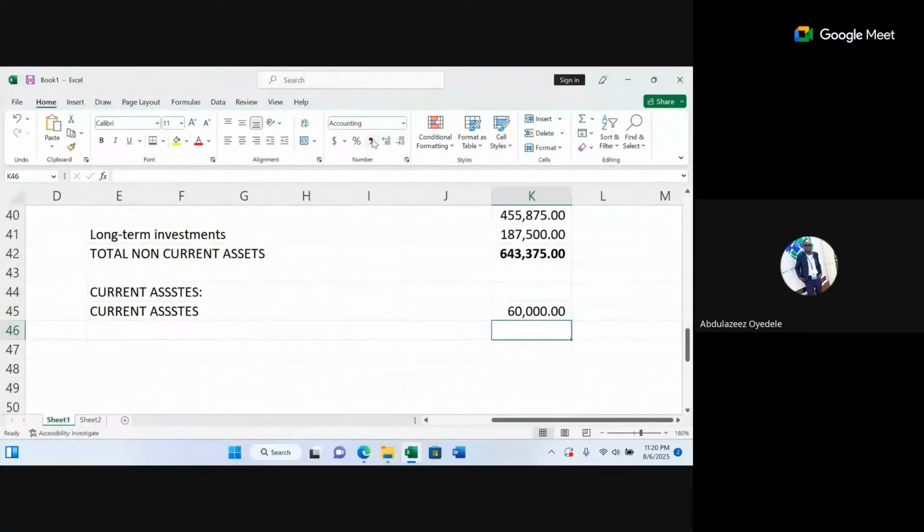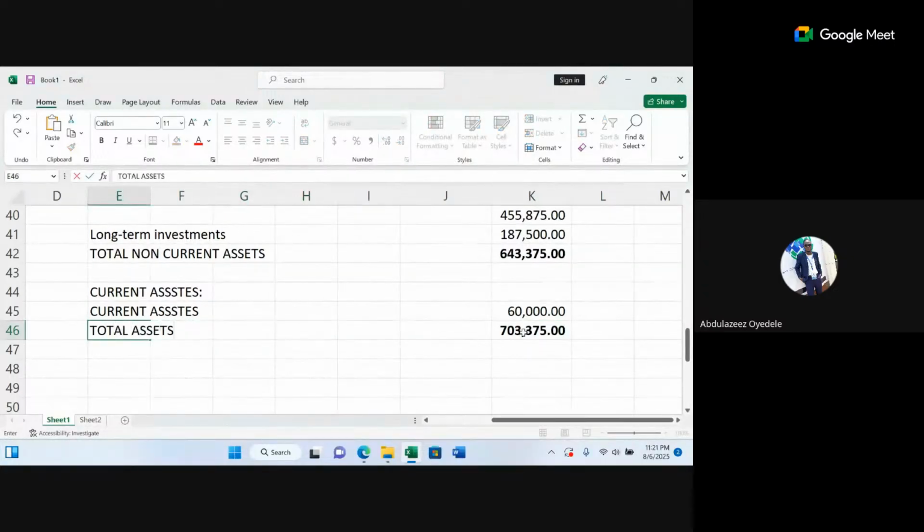Now, after we have done this, we can add this current asset to the non-current assets and have our total assets. So our total assets gives us 703 billion 375.